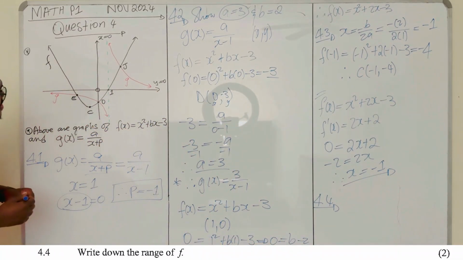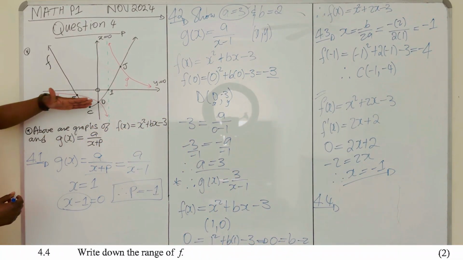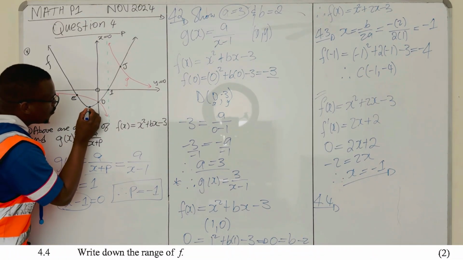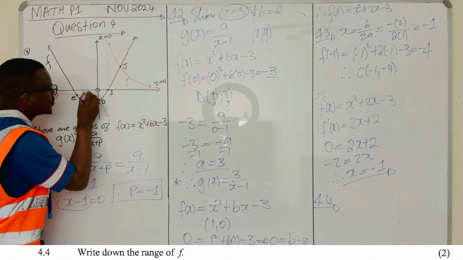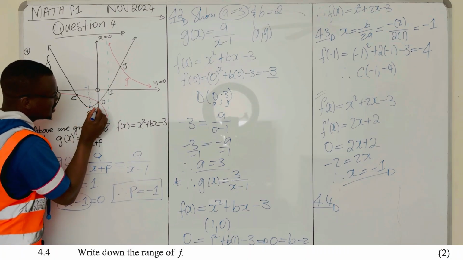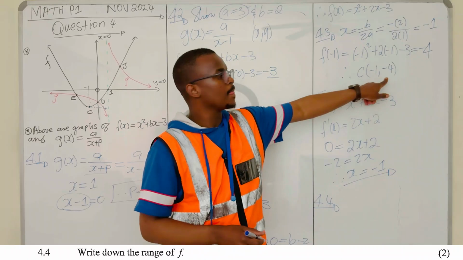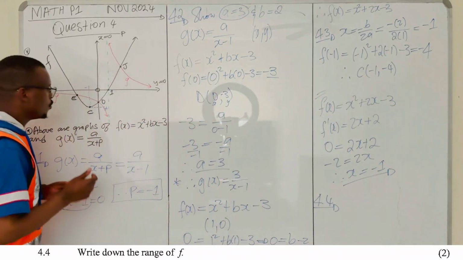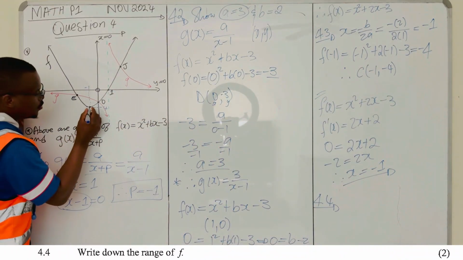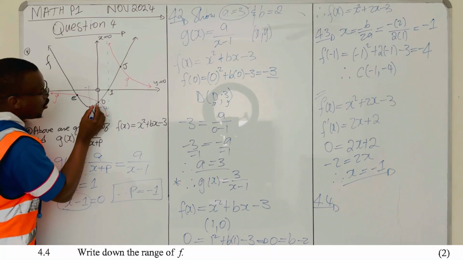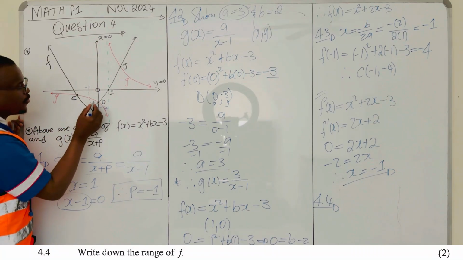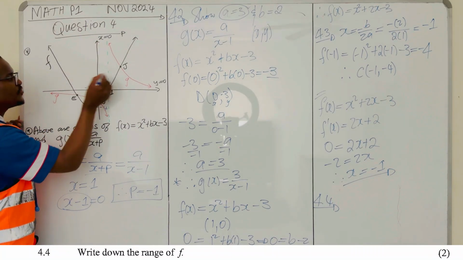So you can see that your function uses all the y values, because look, we know the coordinates of here is minus 1, right? Yes. And this one is minus 4, because it's what we just found there, the coordinates of C. So this function uses minus 4 and all the values that are above, because for each value that is here, you can always find the function.